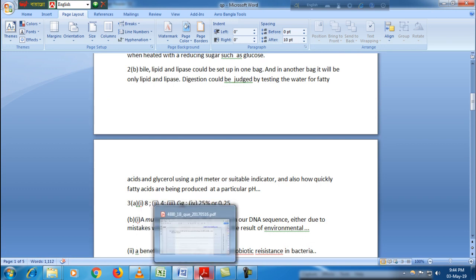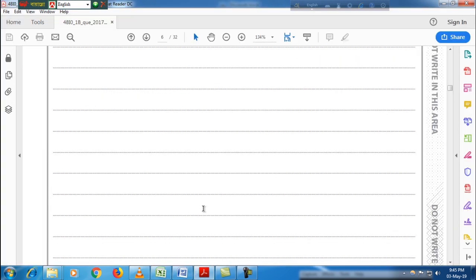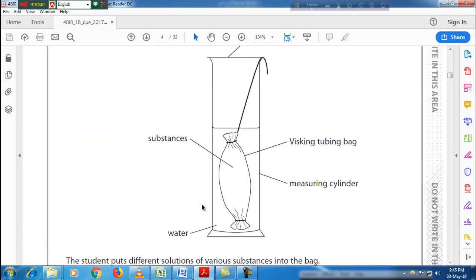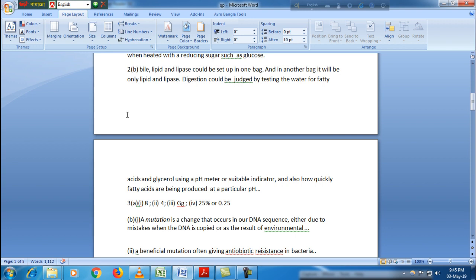Here bile, lipid and lipase could be set up in one bag, and in another bag it will be only lipid and lipase. Digestion could be judged by testing the water for fatty acids and glycerol.